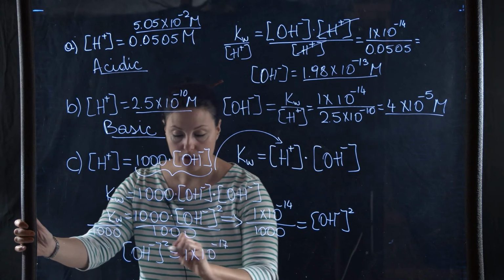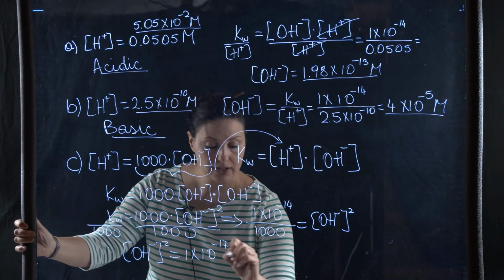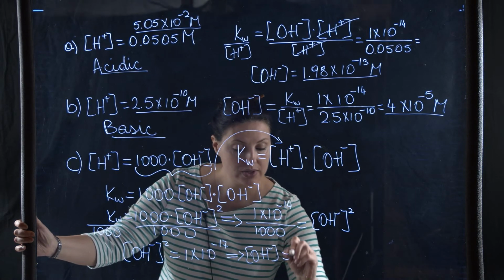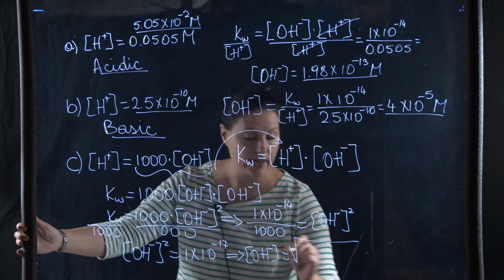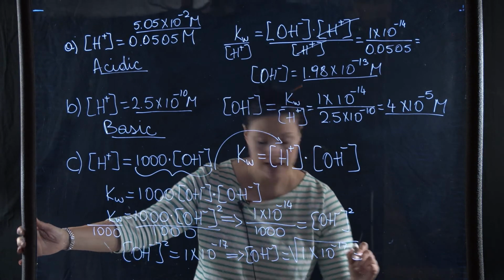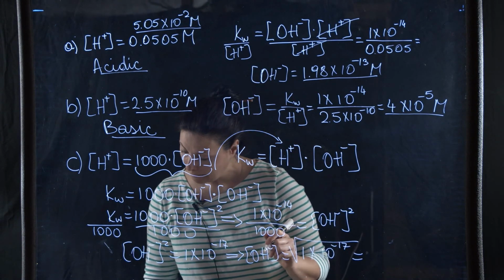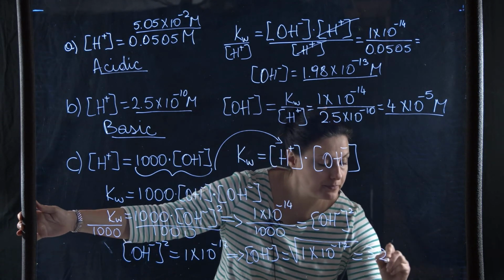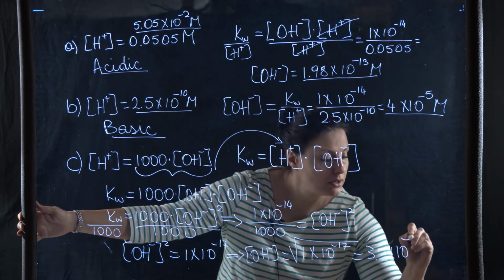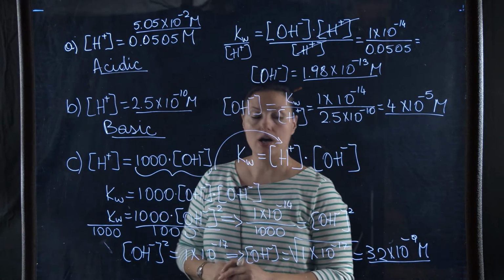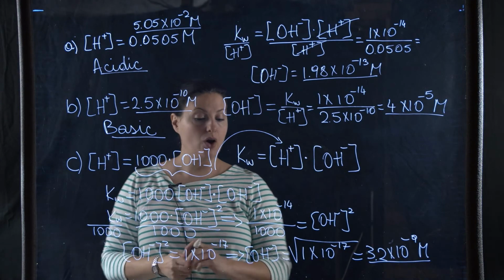And then to find the OH concentration, you take the square root of that number, 1 times 10 to the minus 17th, and it turns out to be 3.2 times 10 to the minus 9th molar. That is the concentration of my OH minus.